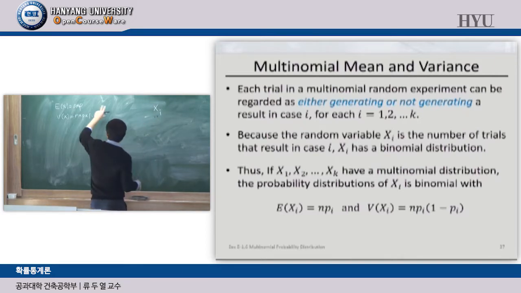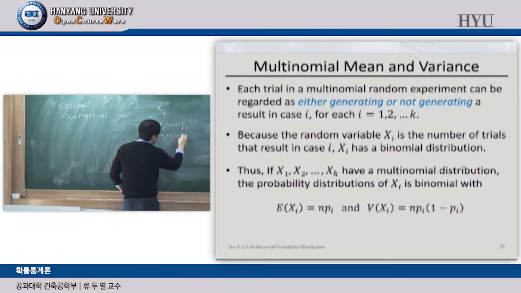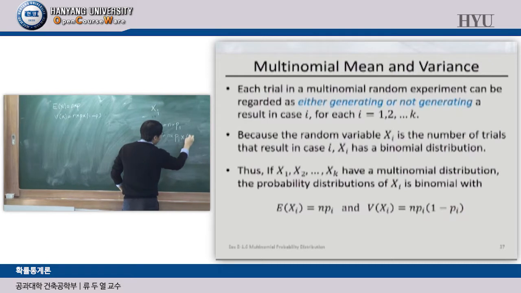So we can use this same equation, which means that the mean of xi is equal to n times the probability of i. Also, the variance of xi is equal to n times pi times 1 minus pi.